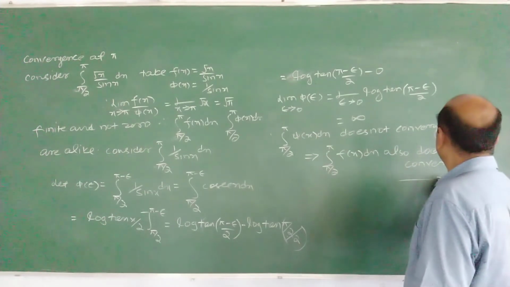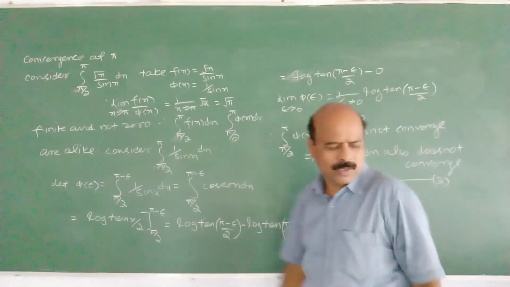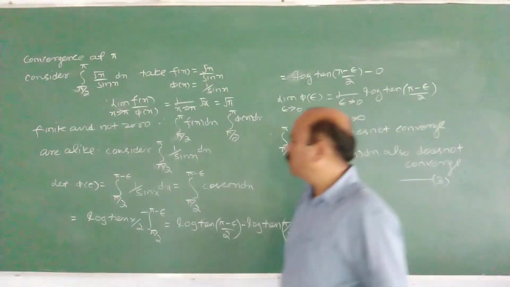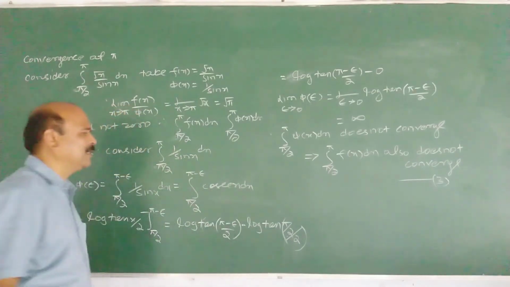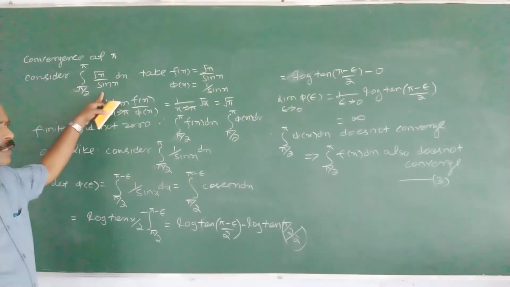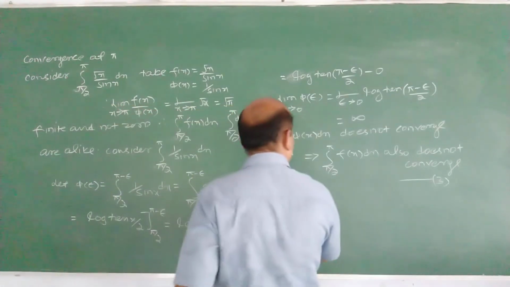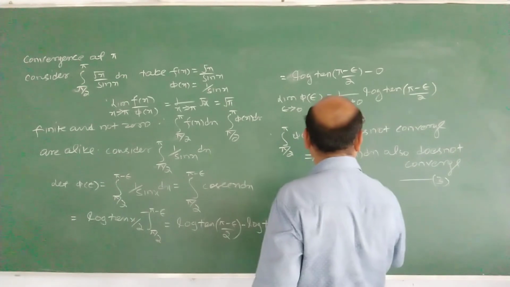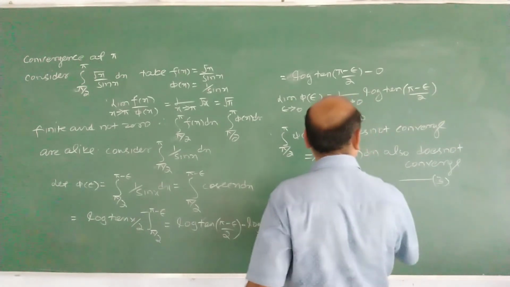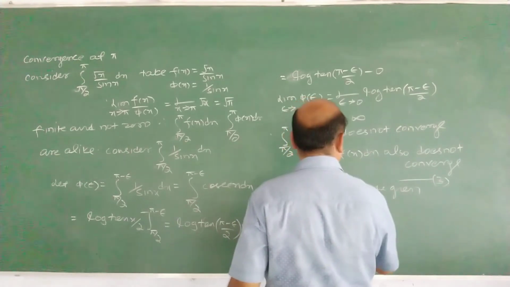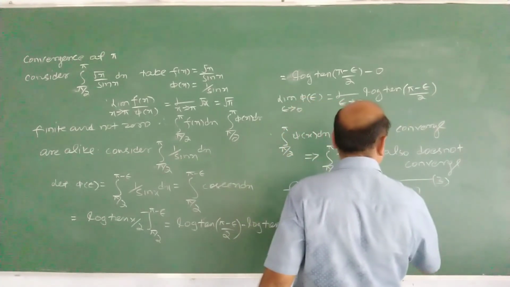Take this as 3. See here what happens: the integral from 0 to pi by 2 of f(x) dx converges, but the integral from pi by 2 to pi doesn't converge. So the given integral doesn't converge. From 1 to 3, the given integral does not converge.